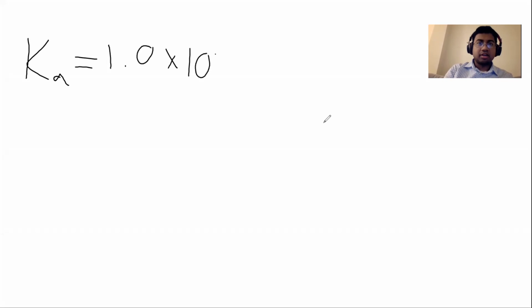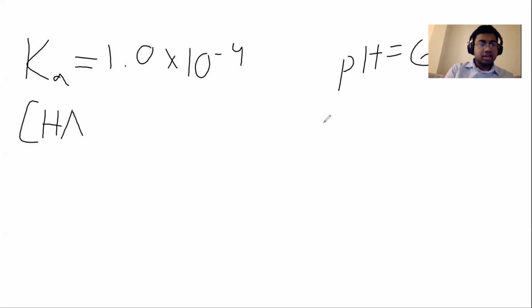Let me see if I can do this. Okay. Can y'all see this? Yes. Ka equals 1 times 10 to the negative 4. And then pH equals 6. Concentration of HA equals 10 to the negative 8 molar.